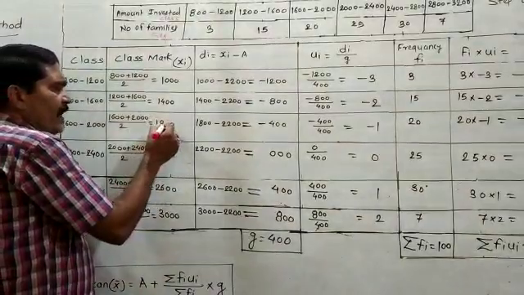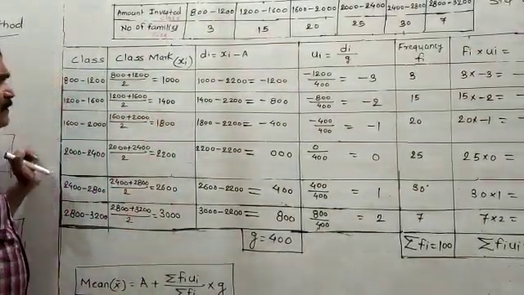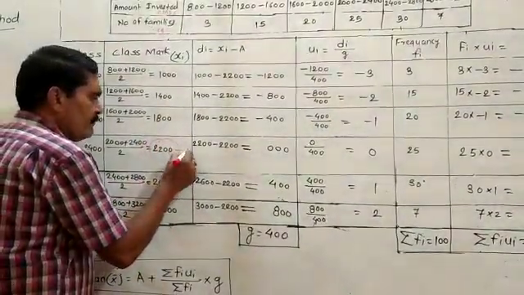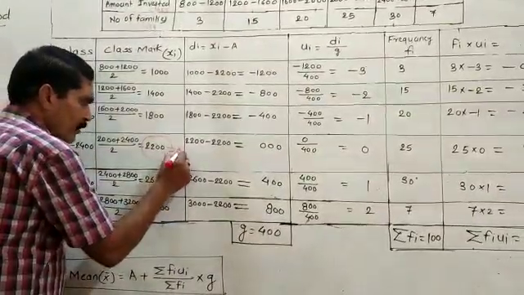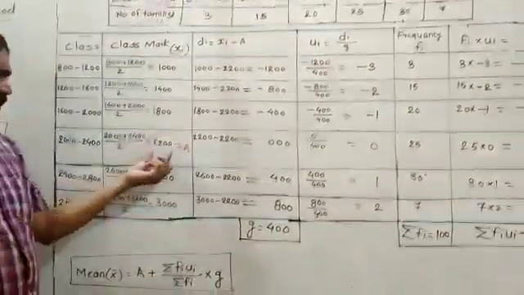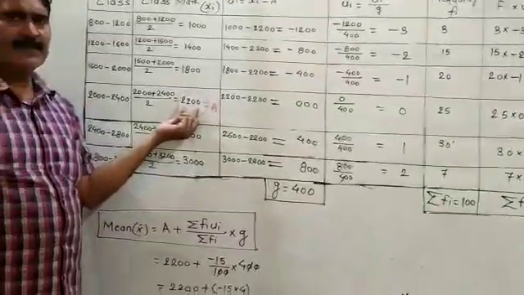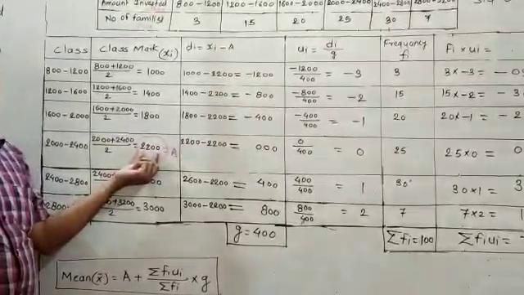If you assume 1800, your answer will still come correct, and if you assume 2200 as A, your answer will also come correct. So for our example, I will consider A equal to 2200.